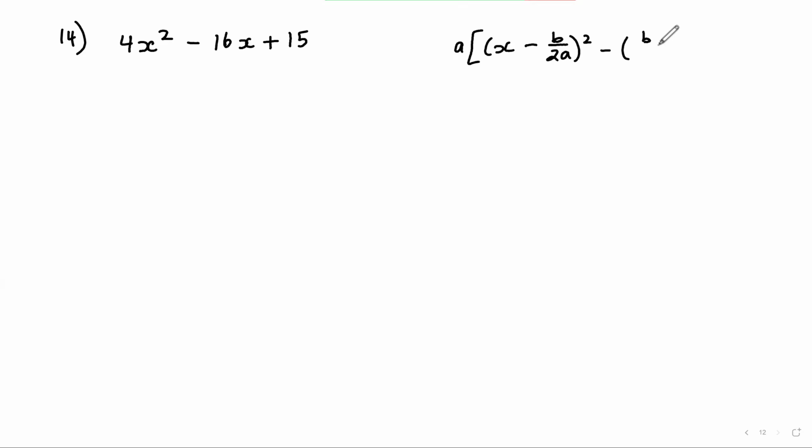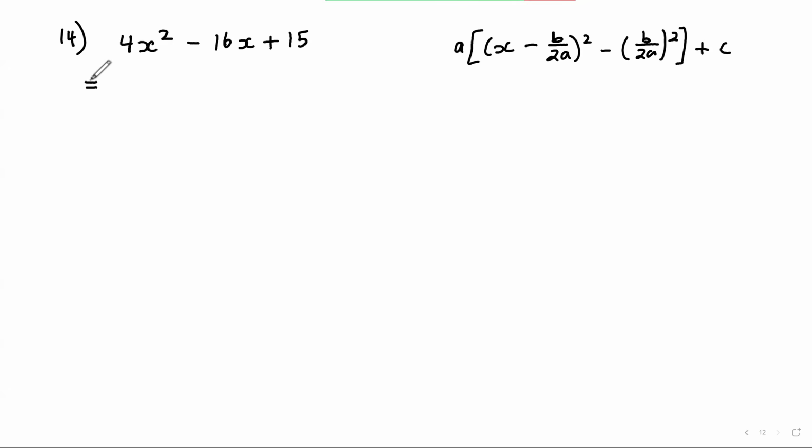Okay. So Ari, let's do 4x squared minus 16x plus 15. And you want it as a by x minus b over 2a squared minus b over 2a squared plus c. Give it to me in this format, Ari.